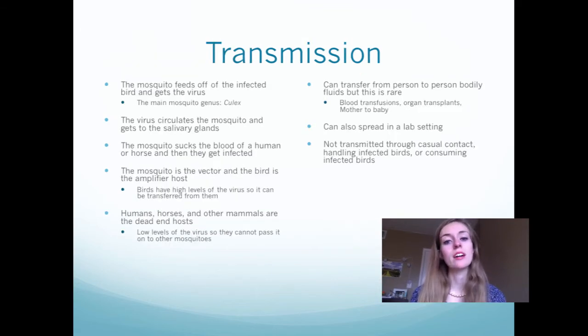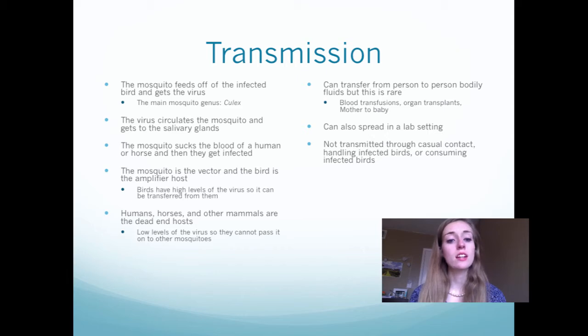So some modes of transmission. The mosquito feeds off of the infected bird, and the mosquito gets the virus from the bird. And the main mosquito genus that transmits the West Nile virus is the genus Culex. The virus circulates in the mosquito and gets into the salivary glands.